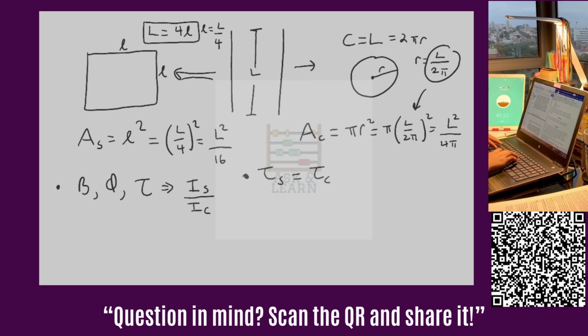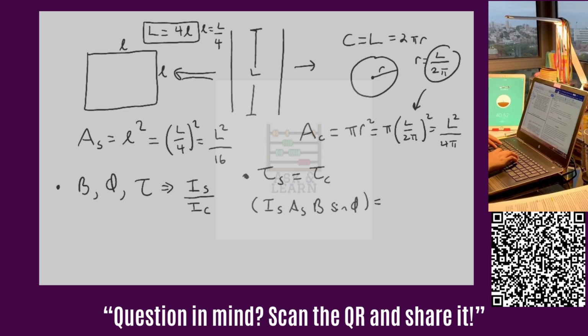What is the expression for the torque acting on the square loop? Well, of course, it's going to be the number of turns, which is 1, times the current through the square loop, times the cross-sectional area of the square loop, multiplied by the magnetic field that the square loop is in, multiplied by sine of the orientation angle between the square loop and the magnetic field.